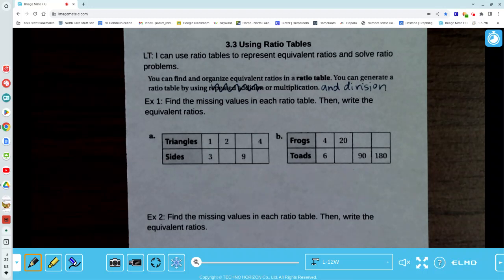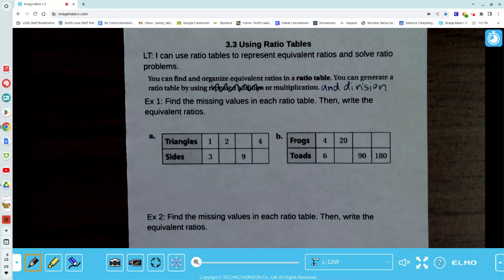If we have 1 to 2, 2 to 4, if we want to do 3, it wouldn't be 9, it would be, Natalie? 6, because as this one goes up by 1, this one's going up by 2. After 3 to 6, what would be our next equivalent ratio? Logan? 4 to 8.